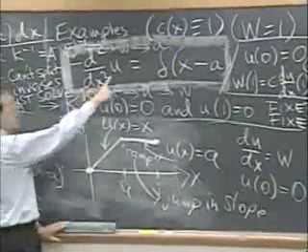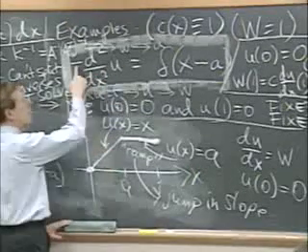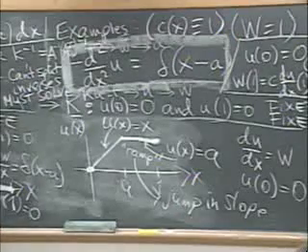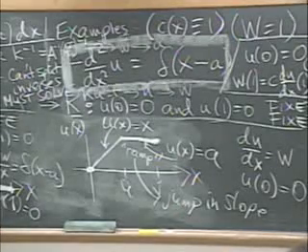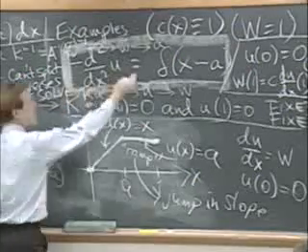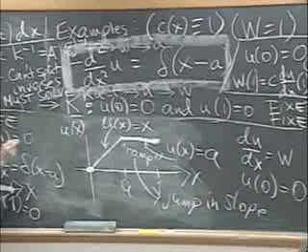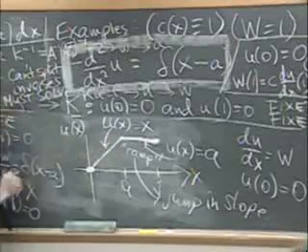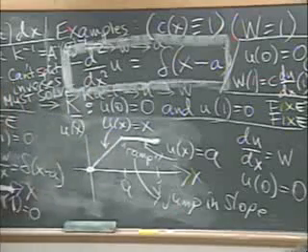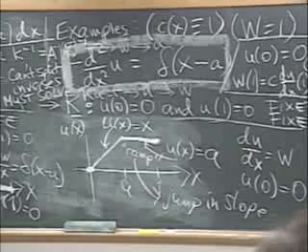The second derivative of this function, with the minus, is supposed to be a delta. So the first derivative is supposed to be a step. So the function itself is supposed to be a ramp. And the equation is telling us something about what happens at that corner. There's a jump in the slope.